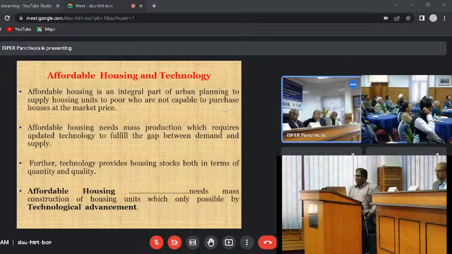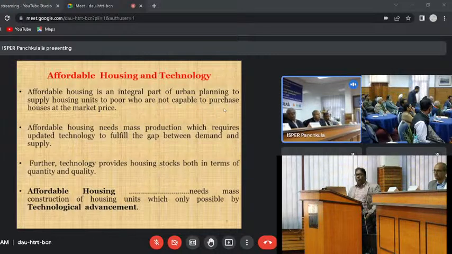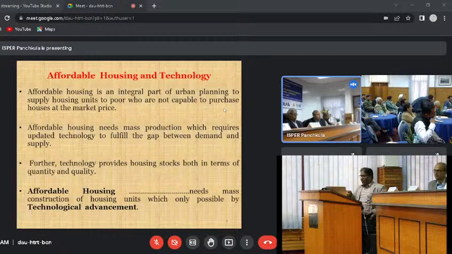Another thing is, we never talk about affordable housing in relation to technology. Due to technology, mass production of mobiles is available in the market, and that's why they cost 5,000 to 50,000 rupees. So technology is always there. Unless we are familiar with technology, the gap between demand and supply cannot be fulfilled.